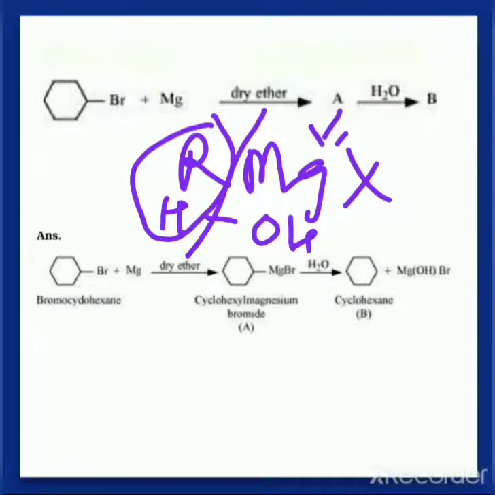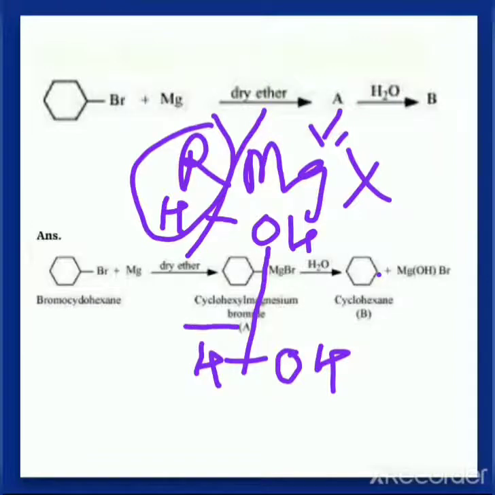The R is the cyclohexyl part. So when we break this bond, we'll keep one H here, and add one OH there. So we get that ring with one hydrogen attached. That means now it is not a group, it is a hydrocarbon, called cyclohexane. That means cyclohexyl is converted into cyclohexane.